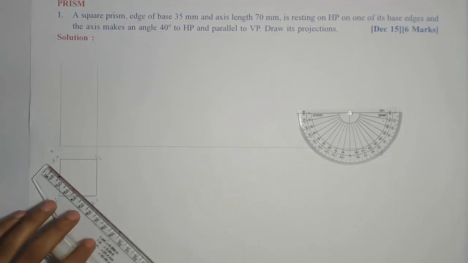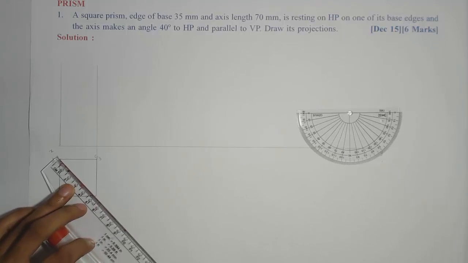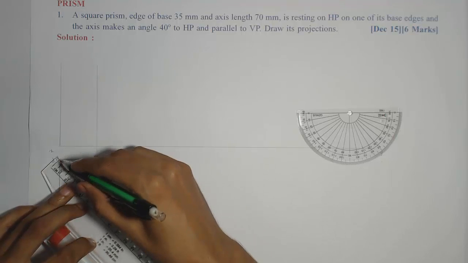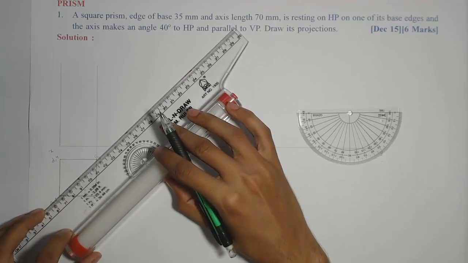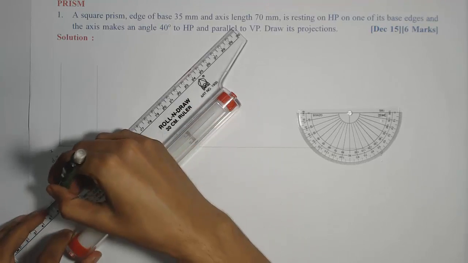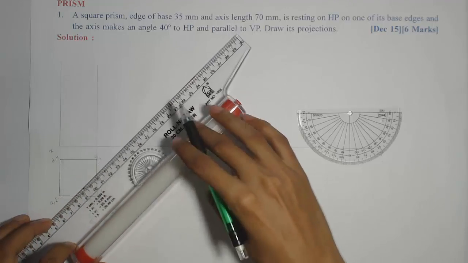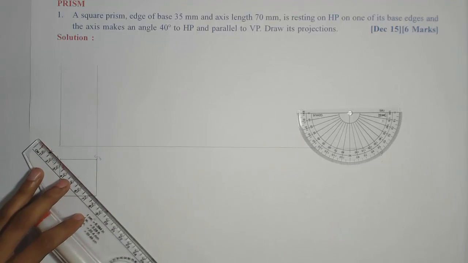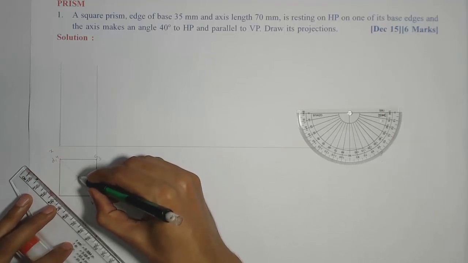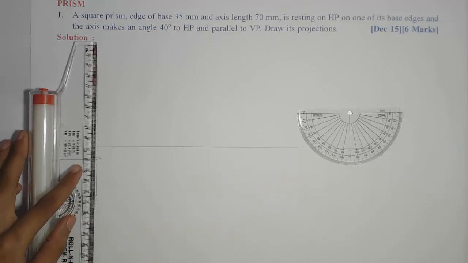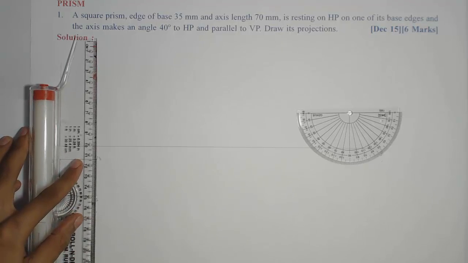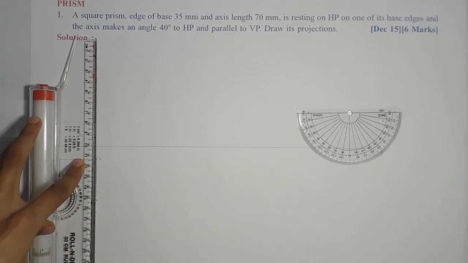Also for marking the axis, I need to mark the midpoint of the base, which is a square, which can be marked by joining diagonals. So this will give me the midpoint of the square base. From that I'll project the axis in the front view.